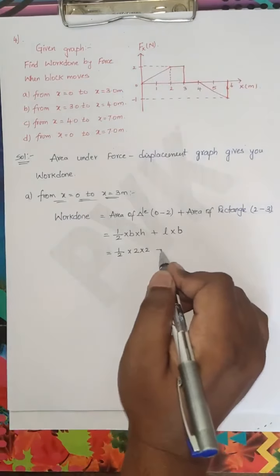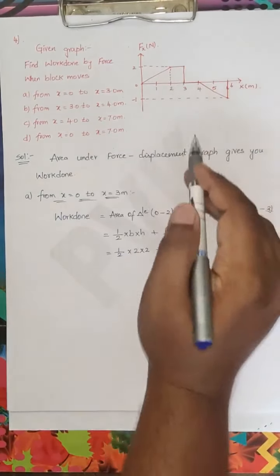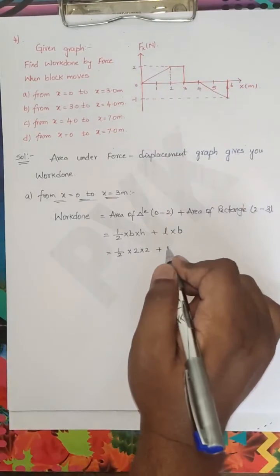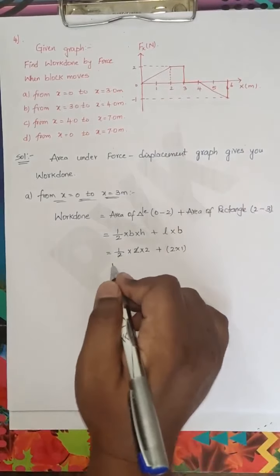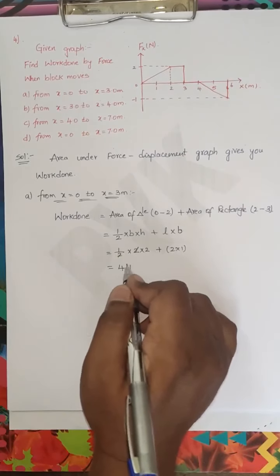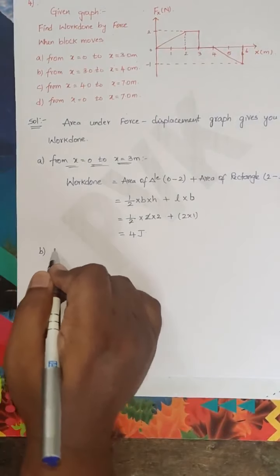Plus length into breadth: length is 2, breadth is 1, so 2 into 1. So the 2 and 2 get cancelled. 2 plus 2, total 4 joules.